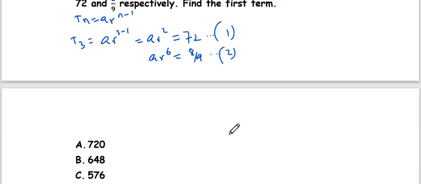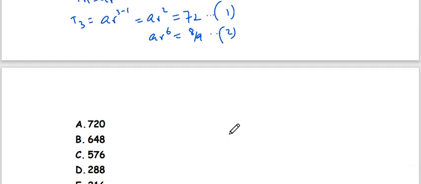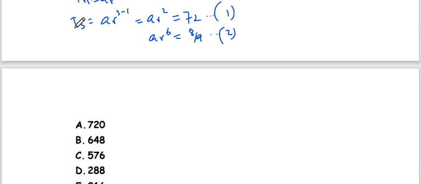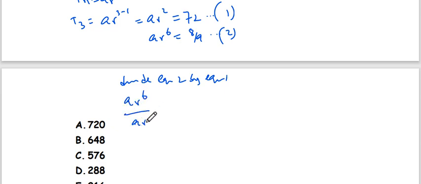So we can divide equation 2 by equation 1. So we have AR raised per 6 divided by AR squared is equal to 8 over 9 divided by 72.